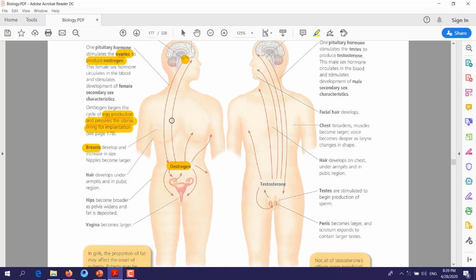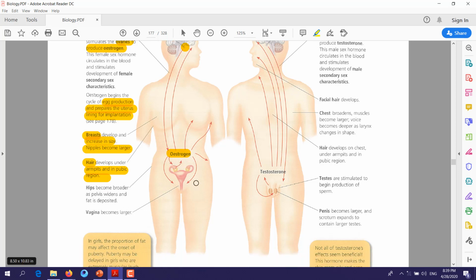Breasts, here what will happen? They will develop, increase in size, and also the nipples become larger. Another change is hair. The hair will develop and grow in some parts of the body. For example, hair develops under the arms and in pubic regions, which is here.